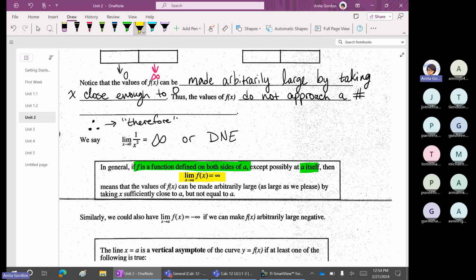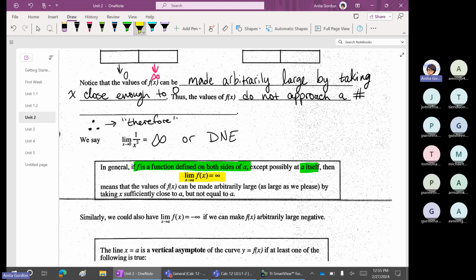If it's getting too gigantic, then we're going off to infinity. You can still have a limit of a very large number, as long as both sides agree to what number that is. But if no matter what you put in, it's going to give you a different but large number, that's when we say that it's going off to infinity.